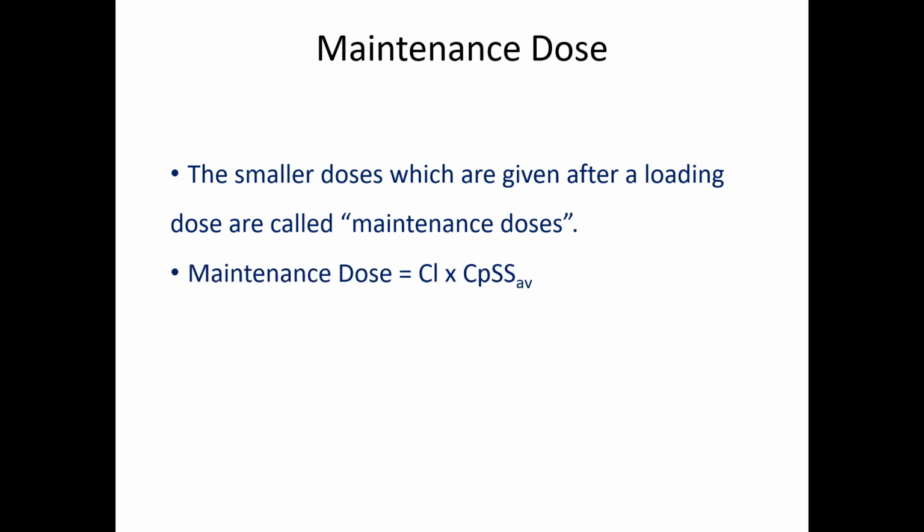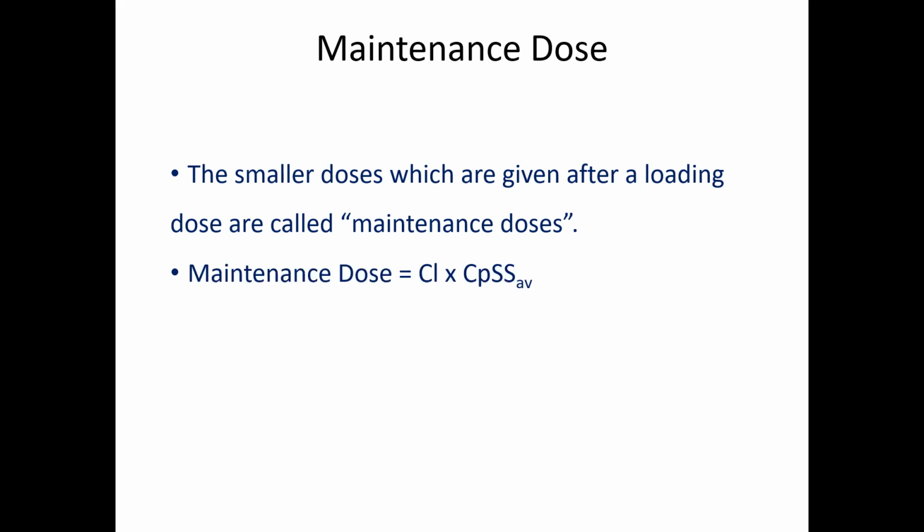Now the formula for maintenance dose: steady state required plasma concentration multiplied by, not volume of distribution, but clearance. This is the important thing which is affected in renal failure or dysfunction.